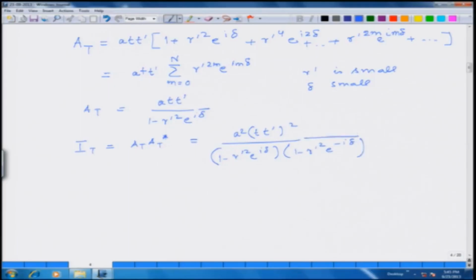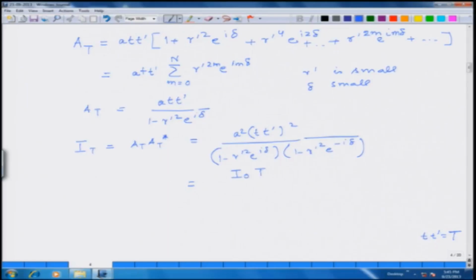Now, one can simplify this easily, and this will become, what is A square, that is basically the incident light I naught. t t prime we are going to define as a parameter capital T, based on the two interfaces that we have.